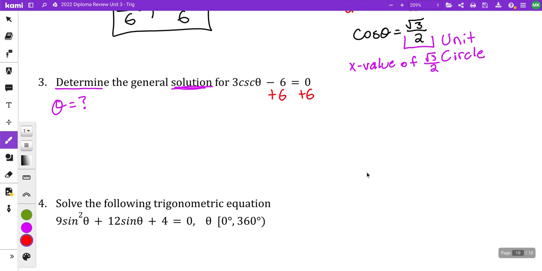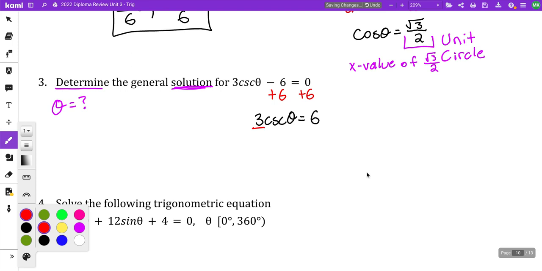That then gives me 3 cosecant of theta equals 6. I divide my 3 to the other side. I've got cosecant theta equals 2. Perfect.